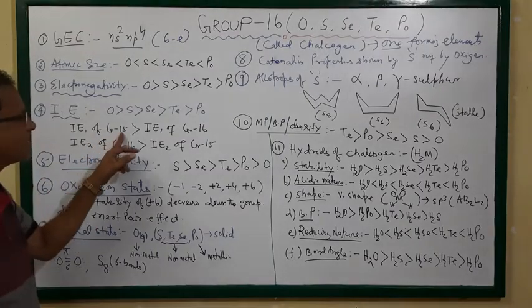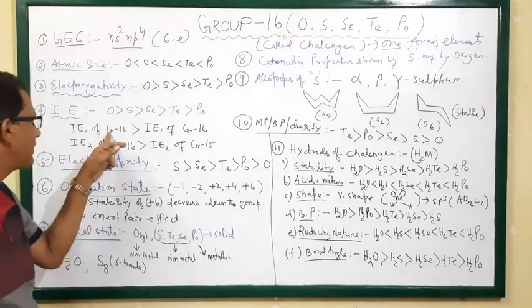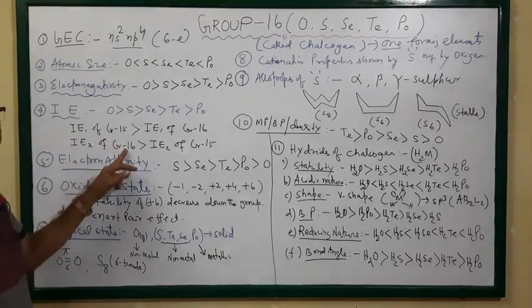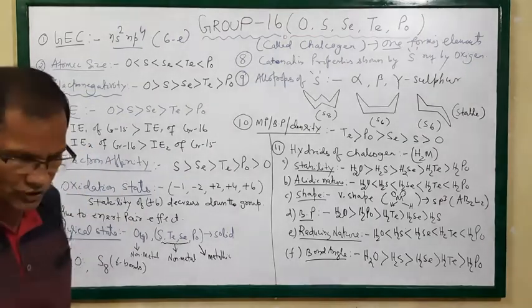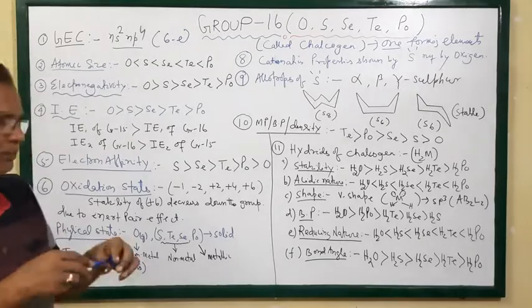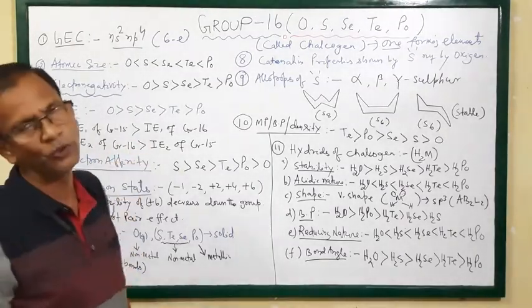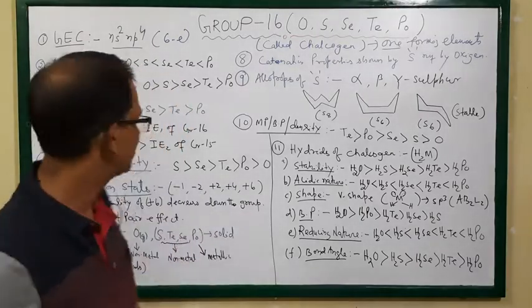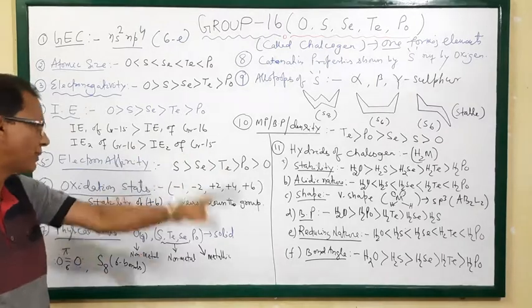IE1 of group 15 is greater than IE1 of group 16 due to the stable electron configuration of group 15, but IE2 of group 16 is greater than IE2 of group 15.